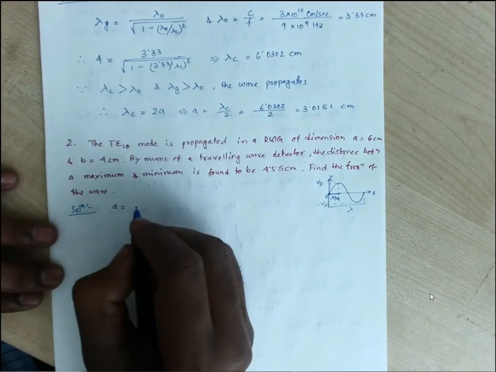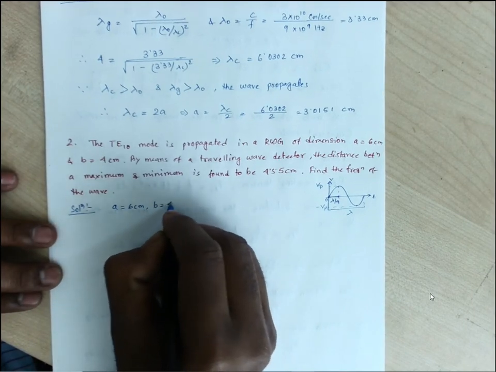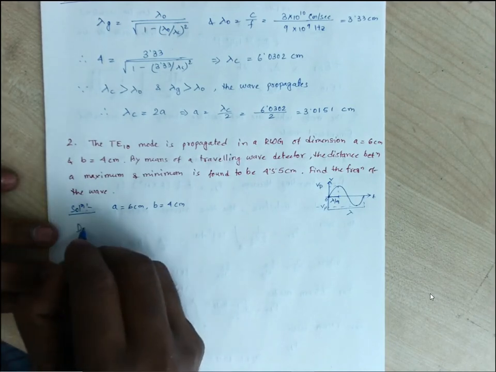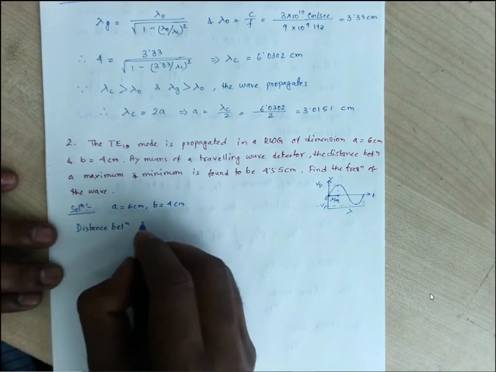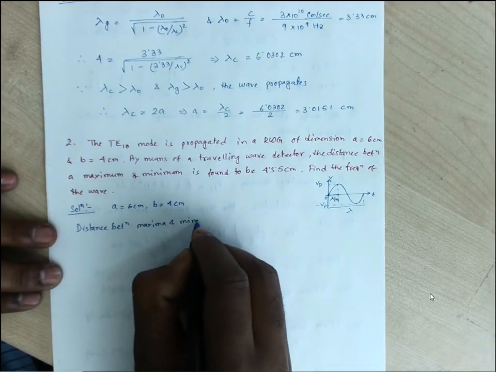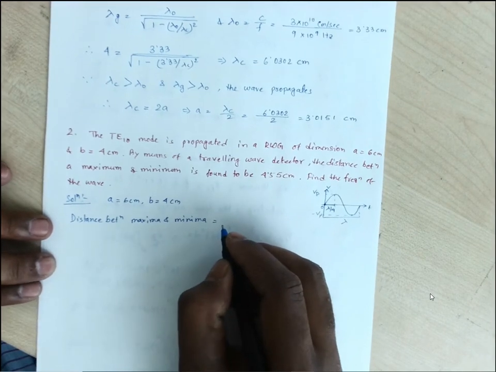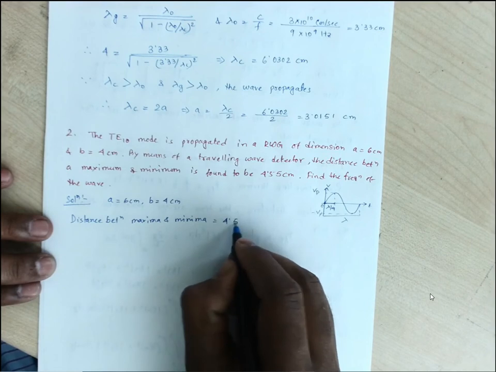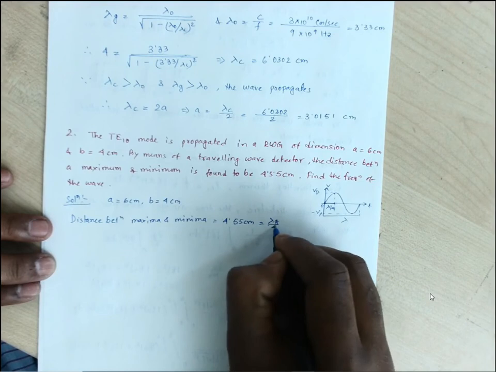Given A is 6 centimeter, B is 4 centimeter. So the distance between maxima and minima is equals to 4.55 centimeter, which is equals to lambda g by 4.